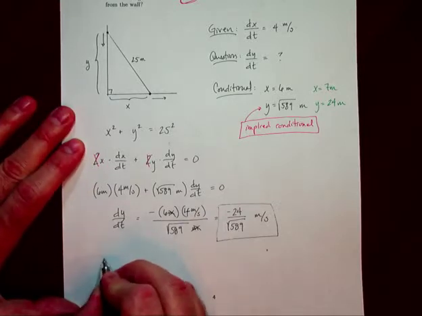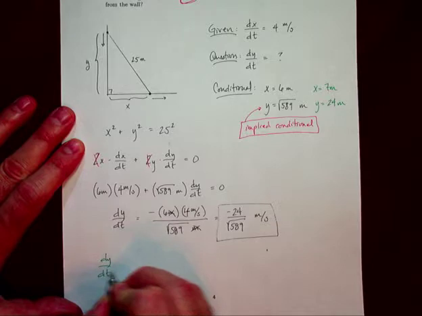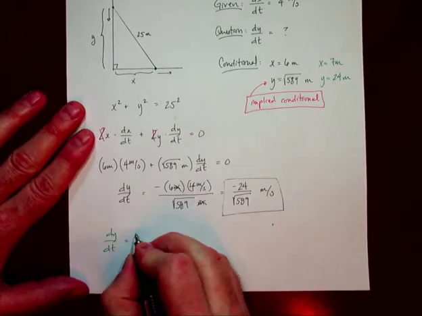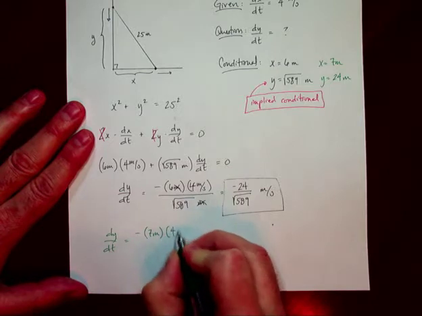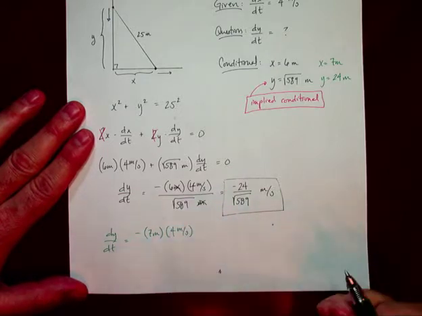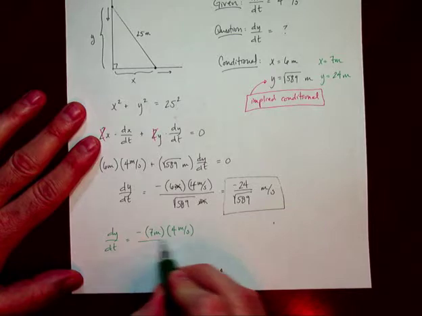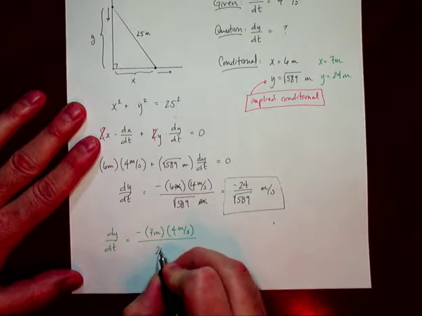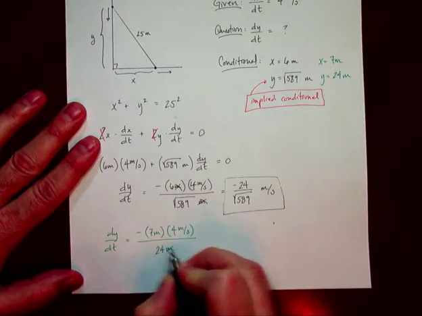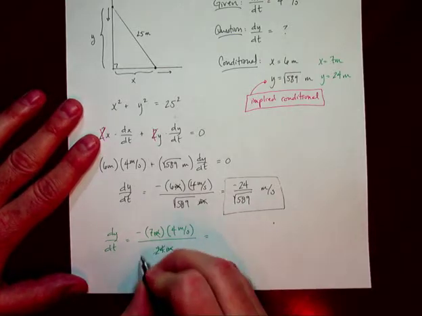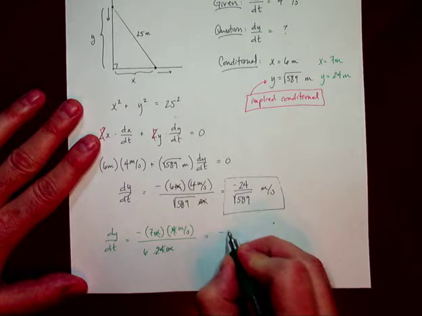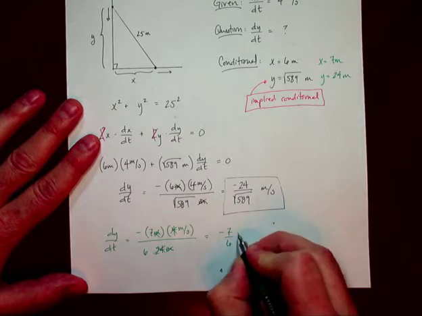You would have had instead dy/dt equal to negative 7 meters times 4 meters per second, because that's a piece of given information, over 24 meters. The meters, again, cancel out, and this can cancel with this, and you're left with negative 7/6 meters per second.